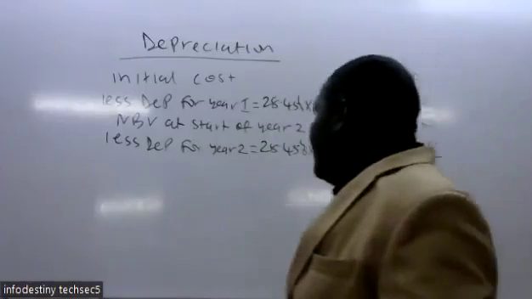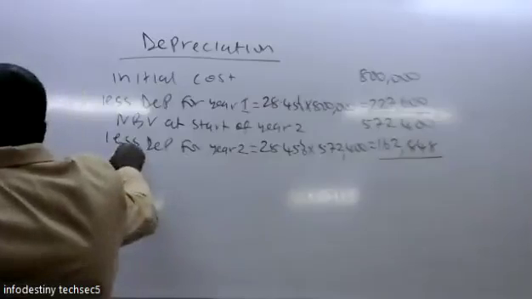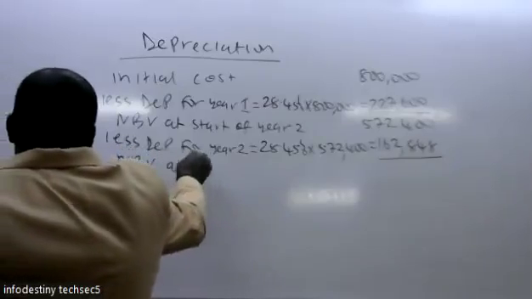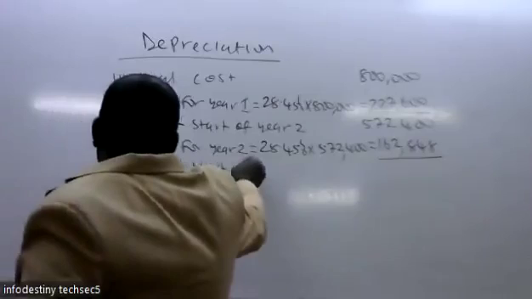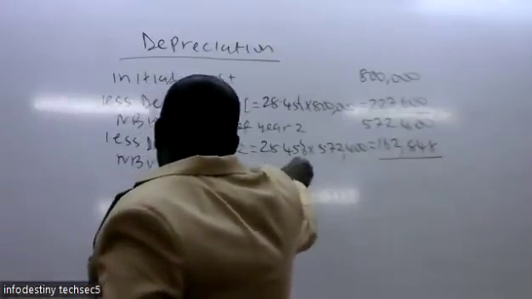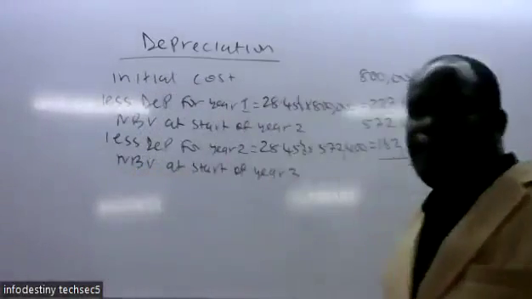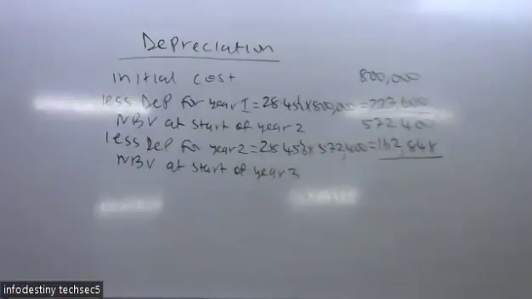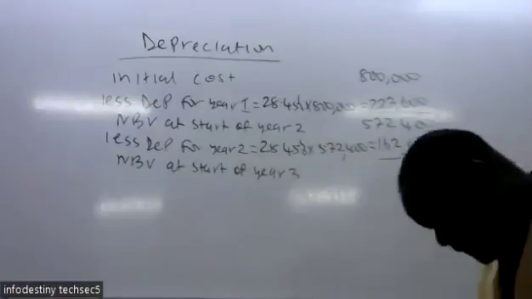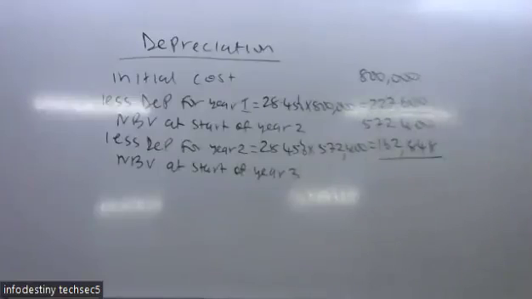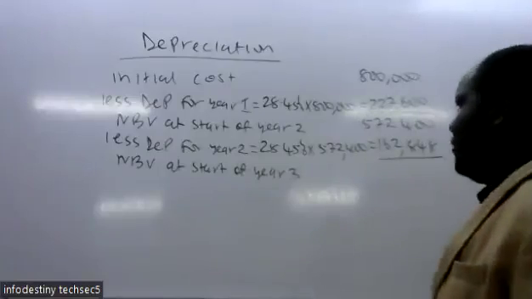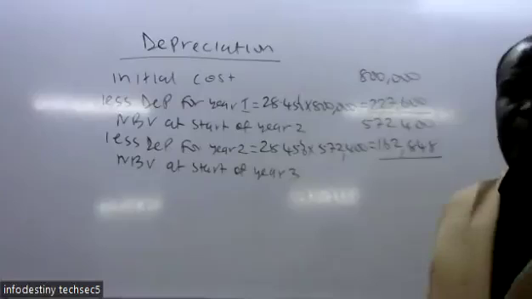So you minus to get the net book value at the start of year 3.